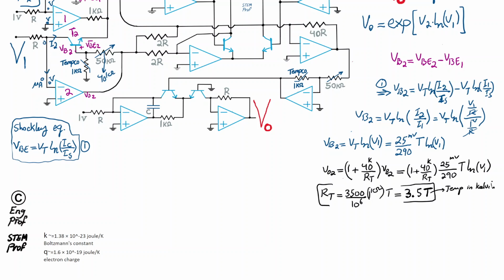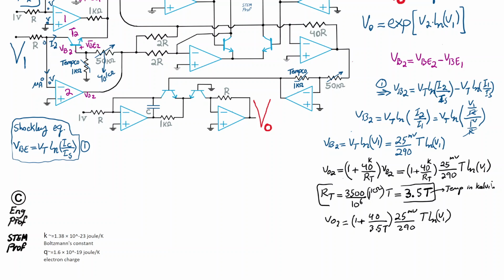All right, with that said, I'm going to substitute these values, and using this equation, Vout2 is equal to 1 plus 4D divided by 3.5 T. So I substituted for RT, and then we have 25 millivolt divided by 290 T ln V1.